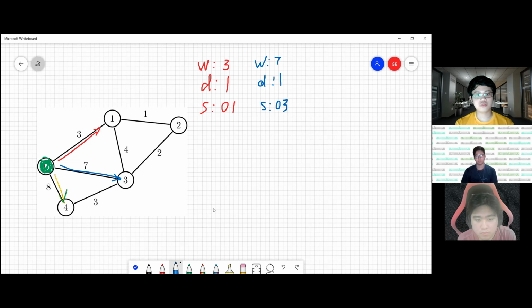For the rainbow information, the weight is eight, the distance is one, and the sequence is zero and four. These pieces of information are actually traversed at the same speed, so they all traverse one by one.